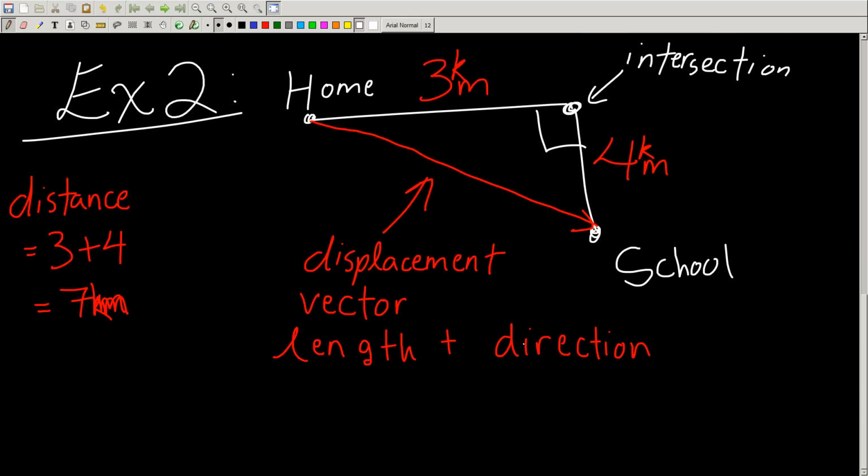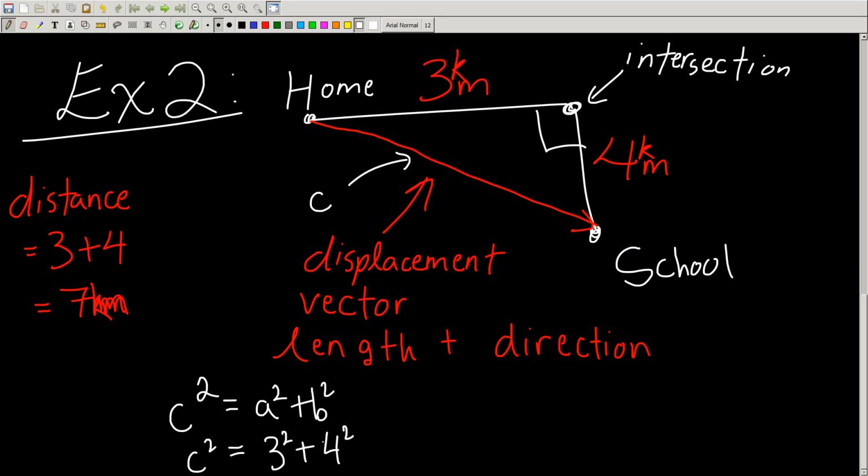So if we use the Pythagorean theorem, we can determine the length of the hypotenuse, c. c squared equals a squared plus b squared. We get 3 squared plus 4 squared equals c squared, and c, after calculating, will end up being 5 kilometers. So I end up traveling through a displacement of 5 kilometers.